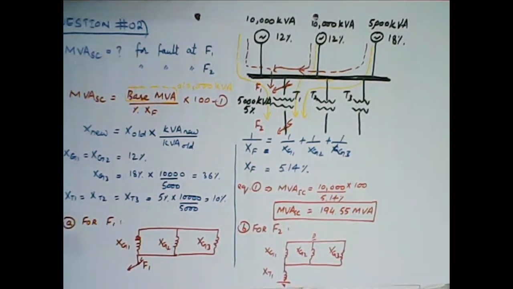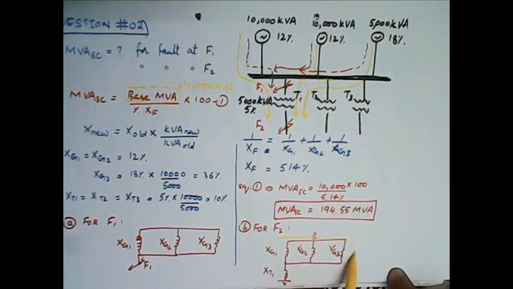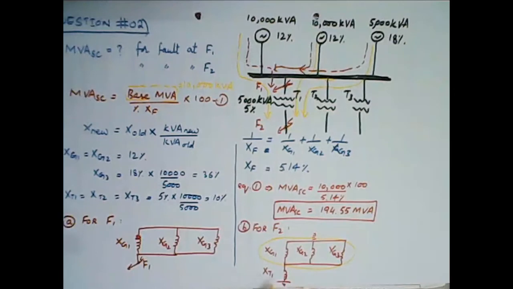This means XF in this scenario would be the parallel combination of Xg1, Xg2 and Xg3 plus Xt1. Why? Because these two branches, the parallel combination of Xg1, Xg2 and Xg3, and Xt1, are in series.